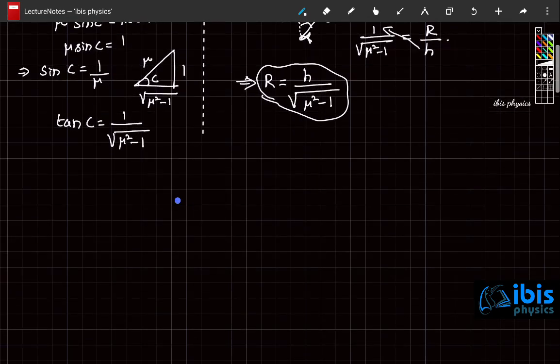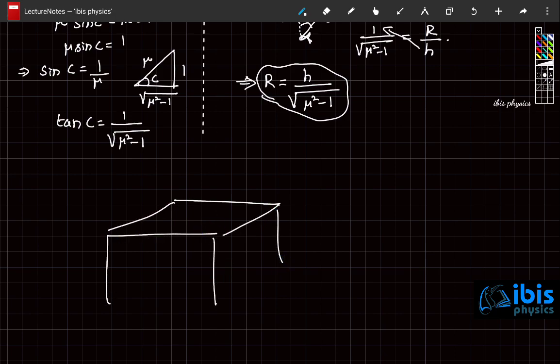Suppose there is a cube, and inside the cube, at the center, a light source is kept. What area is to be covered so that the light rays will not escape? Because this is a denser medium, when light comes at the critical angle it will go out. So the light will go through a circular window, based on the above discussion.